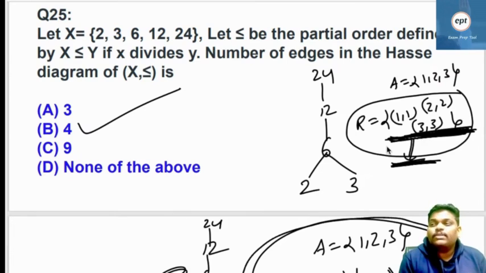If nothing is there, it is symmetric, transitive, and irreflexive, and not reflexive.